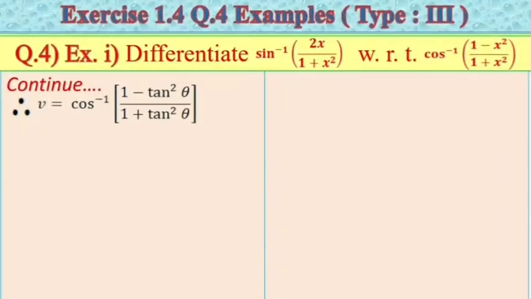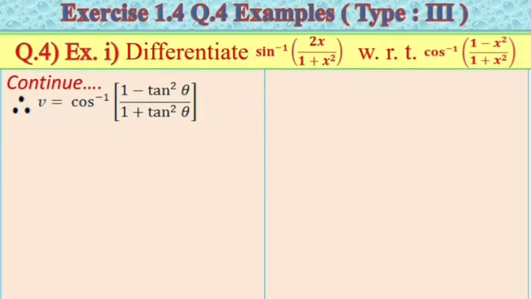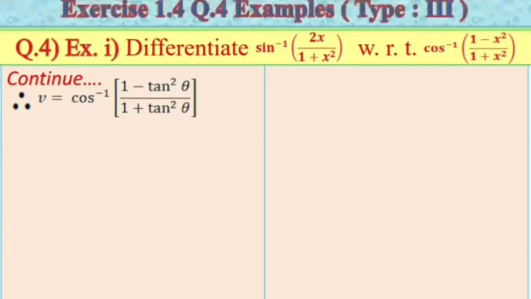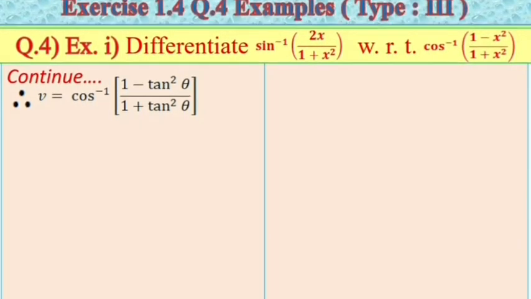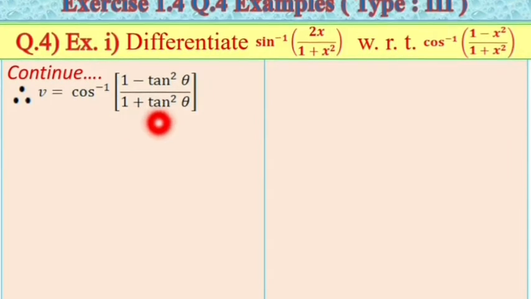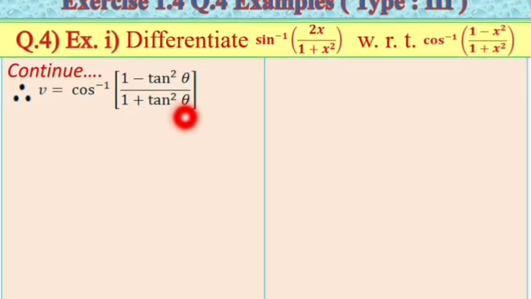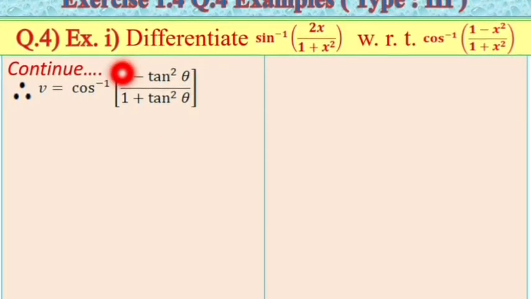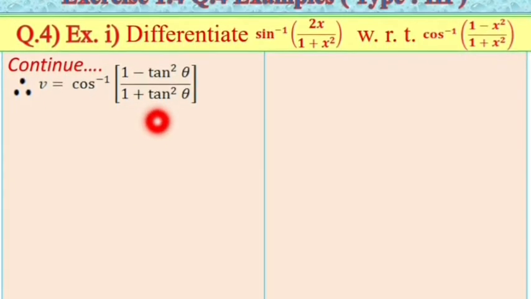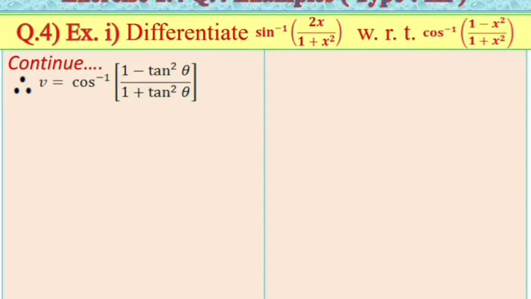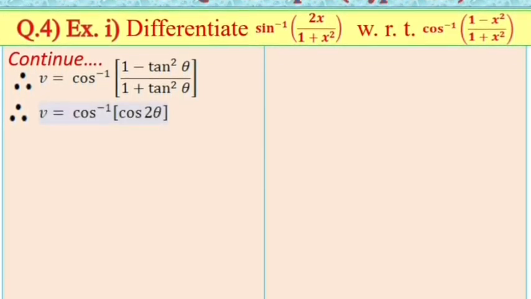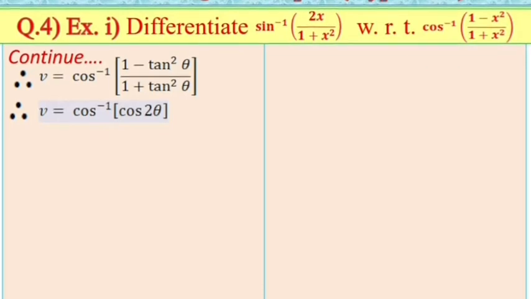Now continue the given example number 1 from the last page. We already have v equal to cos inverse of 1 minus tan square theta upon 1 plus tan square theta. But we know that 1 minus tan square theta upon 1 plus tan square theta is nothing but cos of 2 theta, and therefore v equals cos inverse of, in brackets, cos of 2 theta.